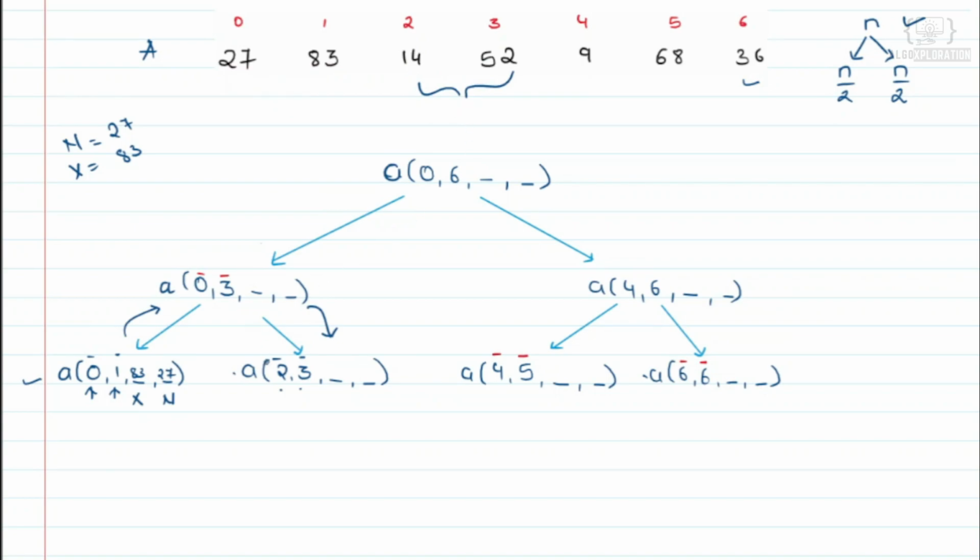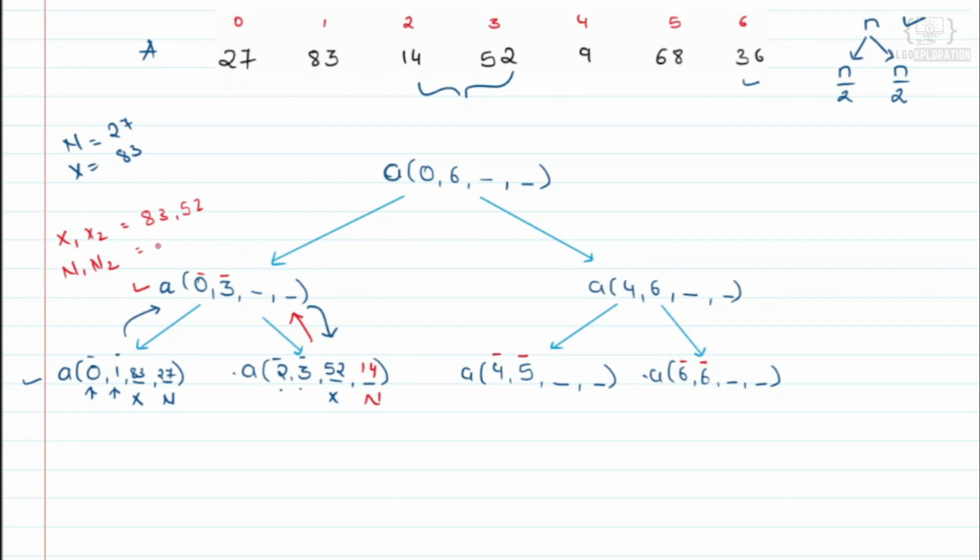Now by comparing, we found out that x is 52 and n is 14. Now it will return x and n to its parent. Now this function actually has 4 values: 2 x's, let's say x1, x2, and 2 n's, n1, n2. x1 is 83 and x2 is 52.